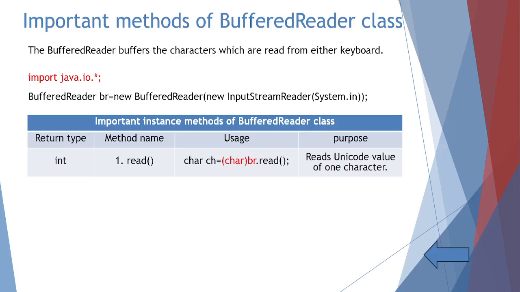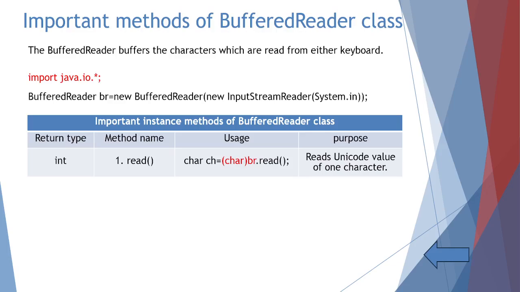Let's understand the read method, which returns an integer by default. What does it do? It reads the Unicode value of one character. Read reads one character. And it is an instance method, so we need to use it with the help of an object of the BufferedReader class. What is the object name? BR. So BR.read reads the Unicode value.